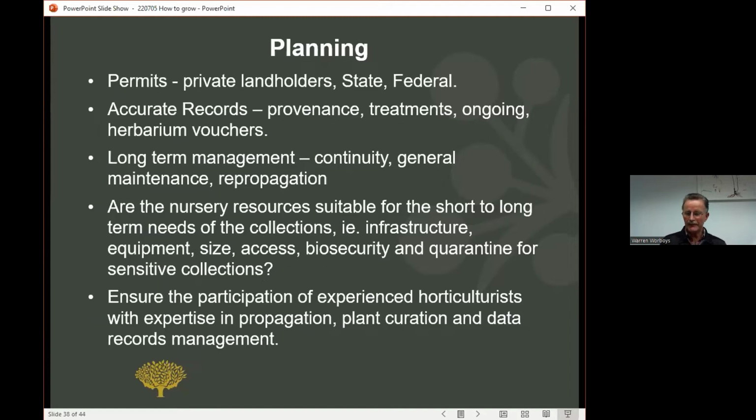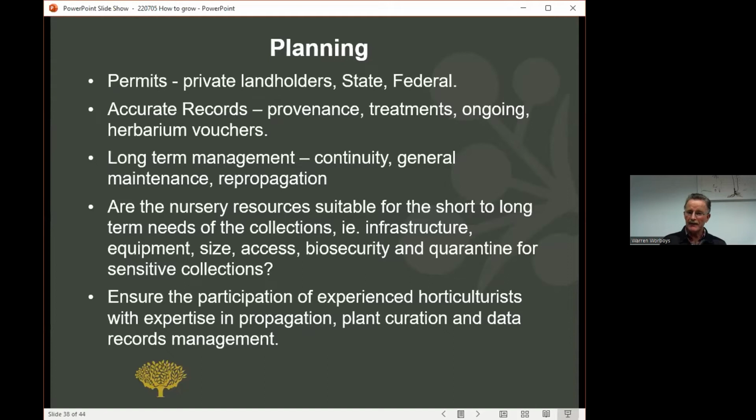And it's important to have that accurate information for reintroduction purposes. Herbarium vouchers are essential to validate the actual collection that you made, just to ensure that you've collected the right specimens, or to have qualified botanists to validate that information.